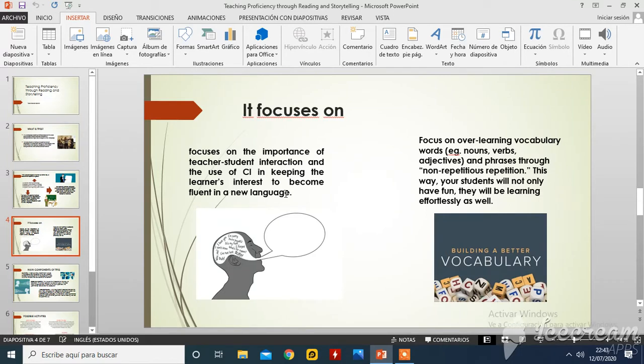It also focuses on overlearning vocabulary words like nouns, adverbs, adjectives, etc., and phrases through repetition. This way, the students will not only have fun, they will be learning effortlessly as well.